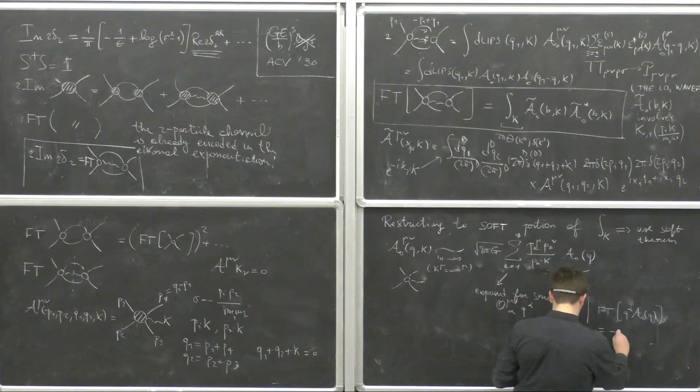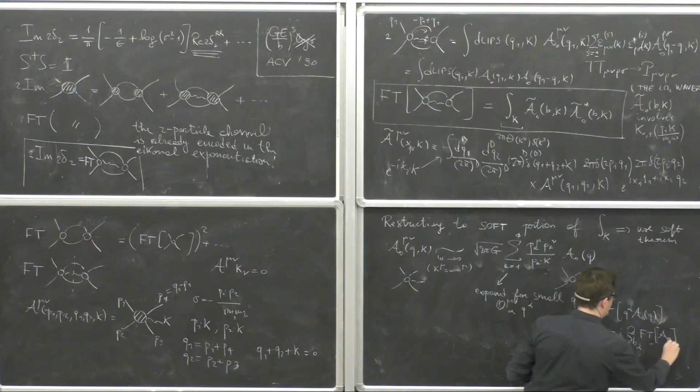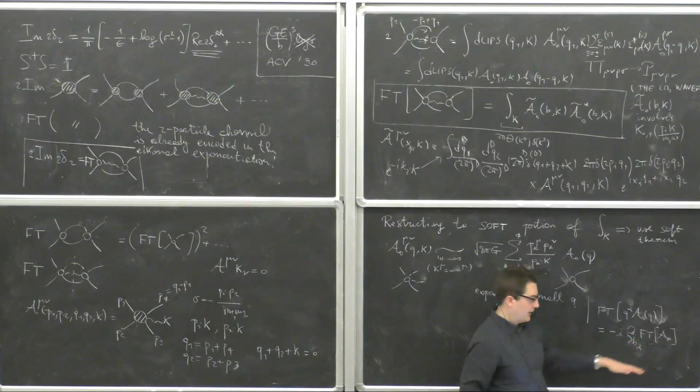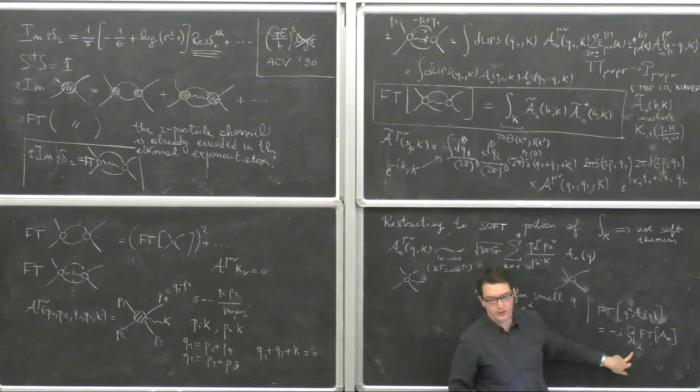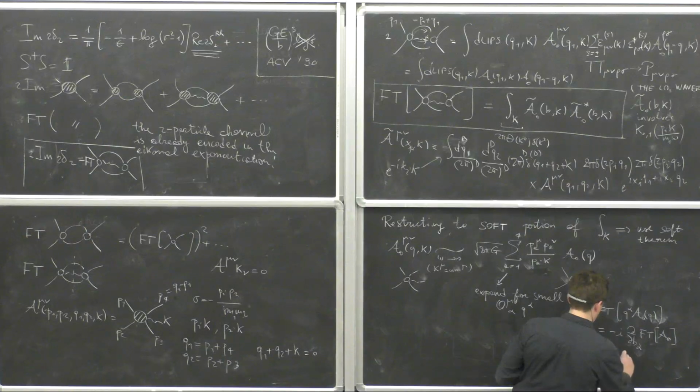So this is just minus i, the derivative with respect to b of the Fourier transform of a0. But we saw this morning that the Fourier transform of the tree-level amplitude is just delta 0, and that the derivative of delta 0 is the leading order impulse in the PM sense. So this is just minus i Q_1PM.